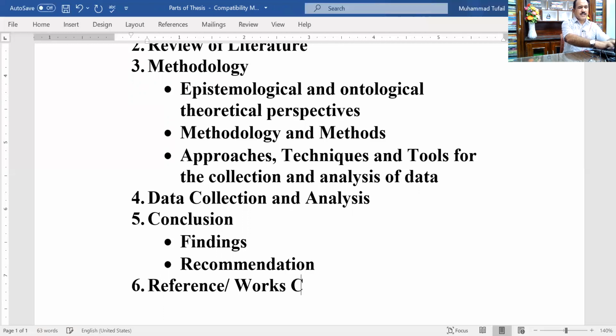हमारे पास मुख्तलिफ तरीक़ेकार हैं रेफरेंस के इस रिसर्च में. हमारे पास एमएलए है, एपीए है, शिकागो है, इवन ऑक्सफर्ड सिस्टम है.